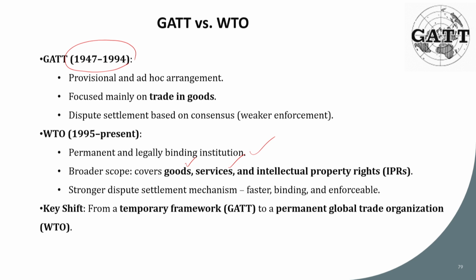That means it's faster, binding and enforceable. Member countries have to follow these rules and regulations strictly. So the key shift from GATT to WTO is from a temporary framework to a permanent global trade organization, that is, the World Trade Organization.